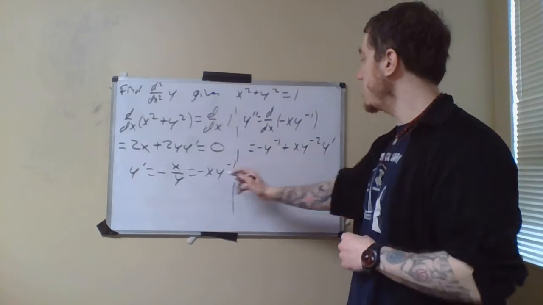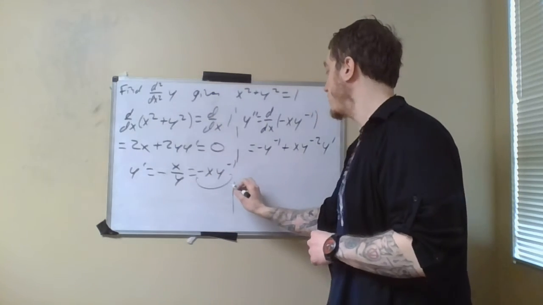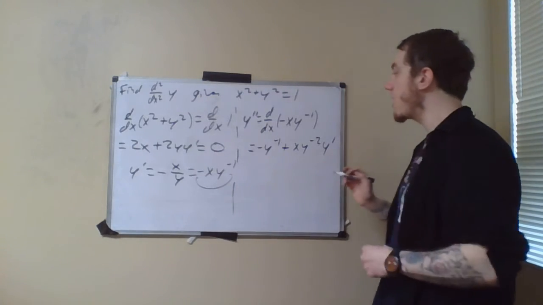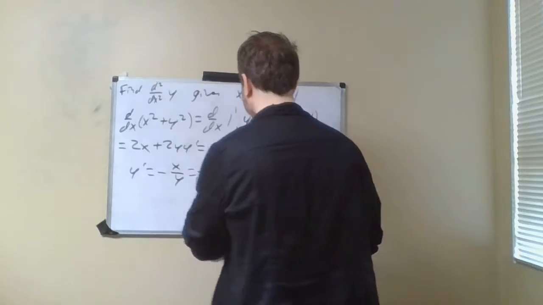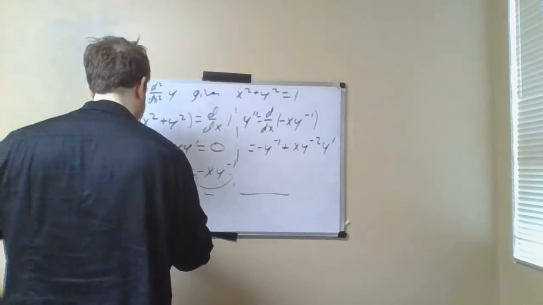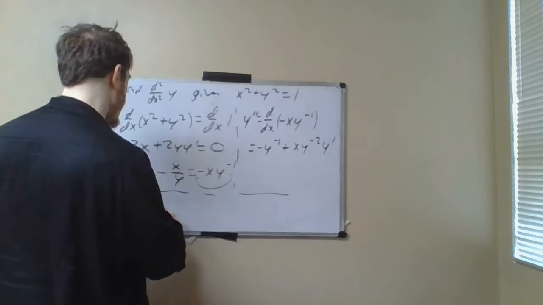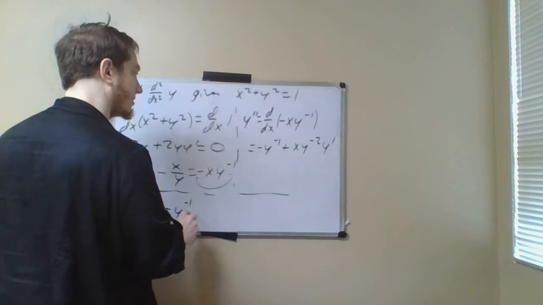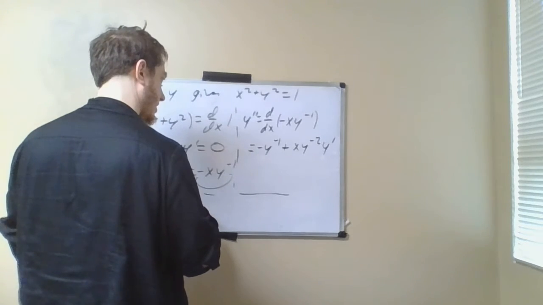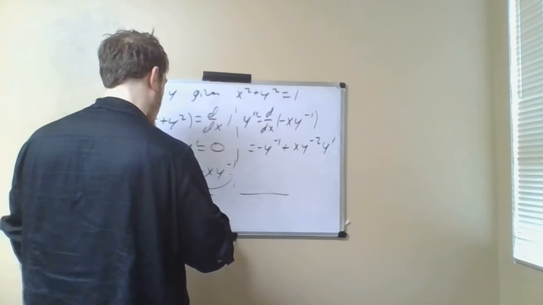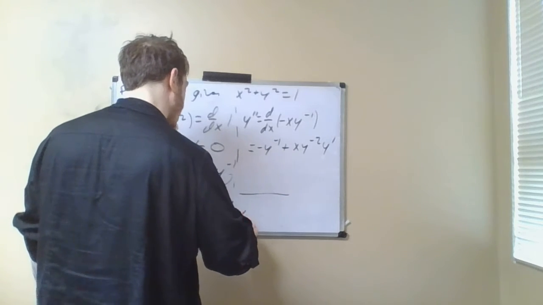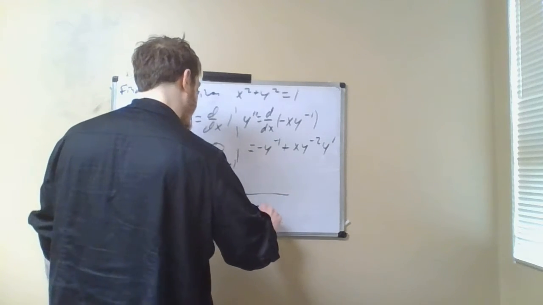So now what I can do is take this quantity for the first derivative and substitute that where I see the y prime. And let's write this down at the bottom, we get the second derivative of y is going to be negative y to the minus 1 plus x y to the minus 2 times y prime, which is actually negative x y to the minus 1.